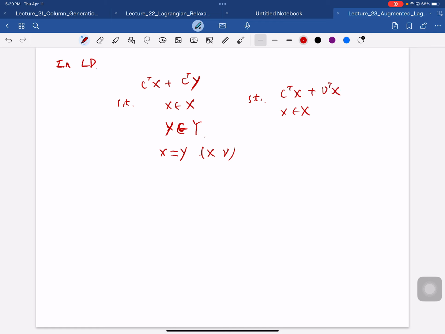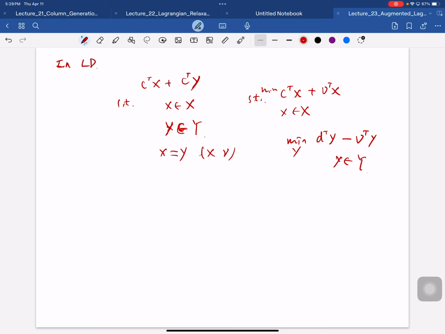So this is the x problem, then you have a y problem as well. Okay, so this is what we did in Lagrangian decomposition, right? After you dualize these complicating constraints, the problem is separable, right?